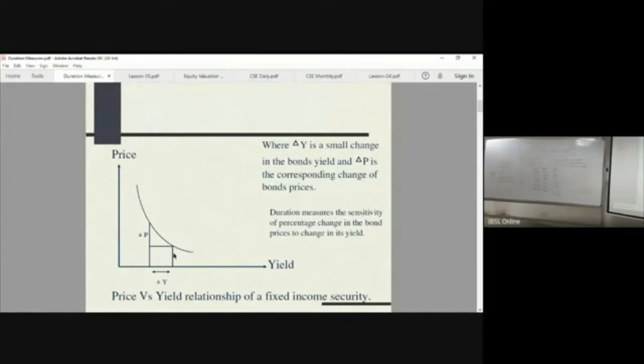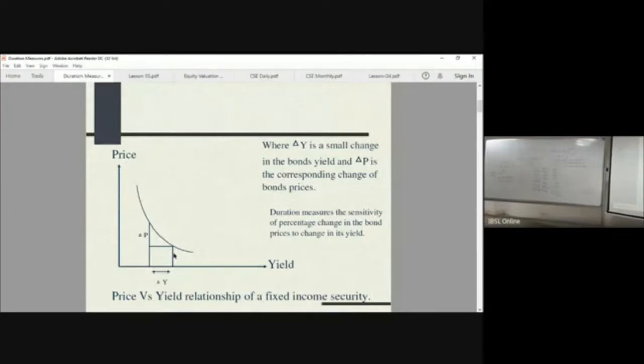Number 1 is more curved. The second one is also curved, but not as sharp as the first. The second one is closer to a straight line than the first. So convexity is higher in the case of number 1. Convexity is lower in the case of number 2.